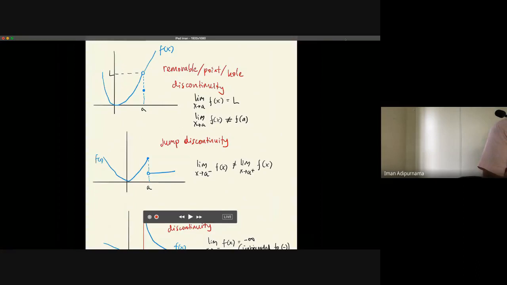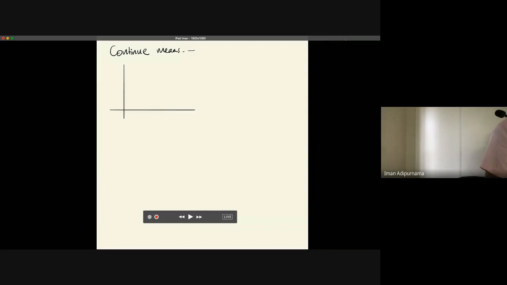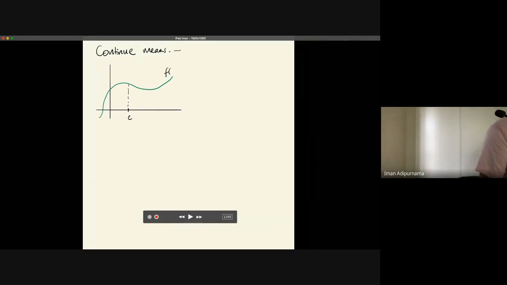Okay, let me write on a new page. So continuous means, let me draw. Let's say c. So this is f of x.